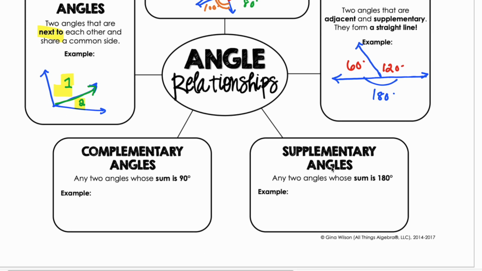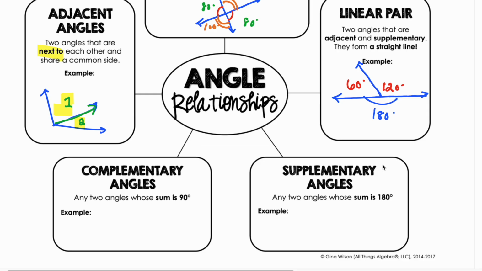Let's look at supplementary because we kind of just talked about that in our last example. I have little sayings for these two, and I'll explain them once I go over them. But a supplementary angle is two angles whose sum is 180 degrees. So we can draw a line right here, and I'm going to make it very similar to the one up here.